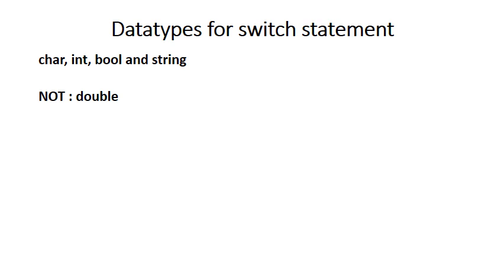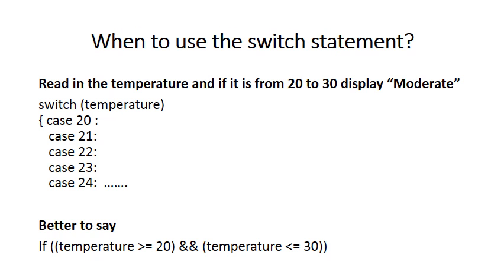You need to develop a feeling, or a gut feeling, for when to use the switch statement and when not. For example, in this case, the question says read in the temperature, and if it is from 20 to 30, display moderate. Now if you wanted to use the switch statement, that is what it would look like.